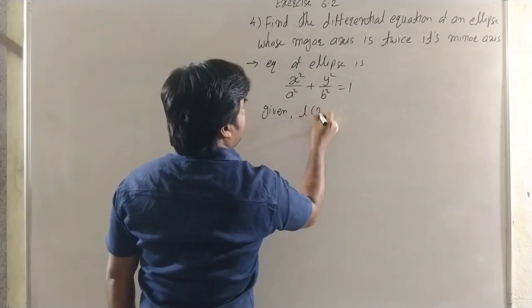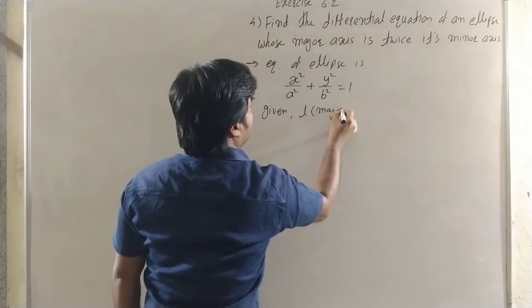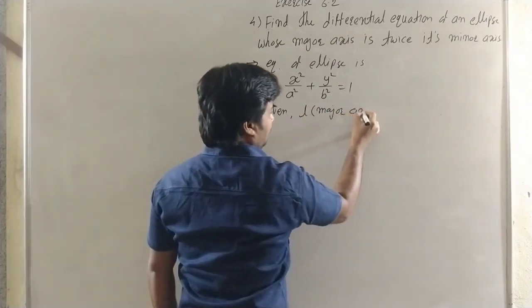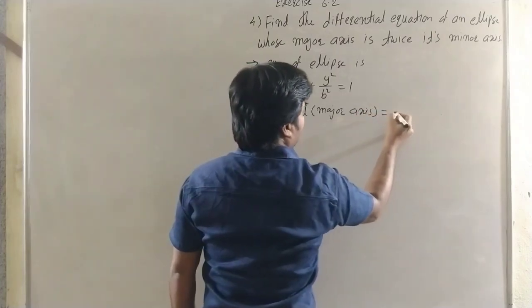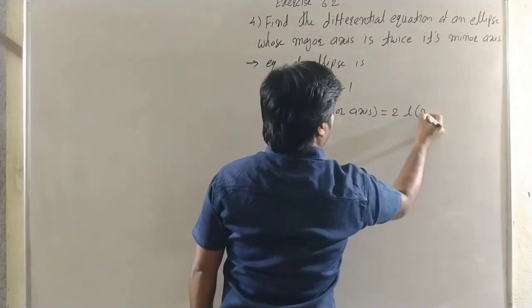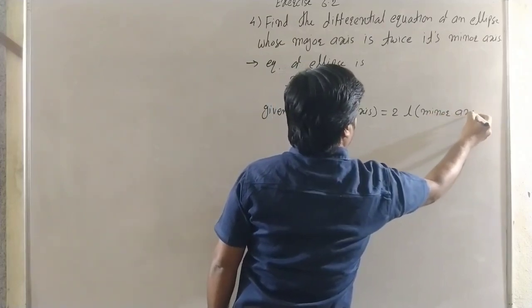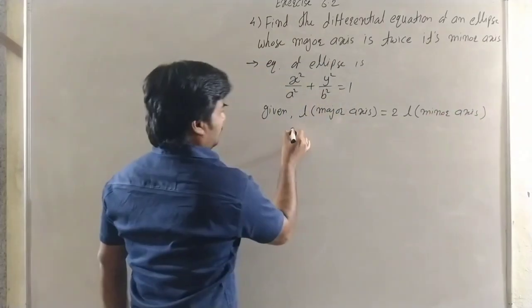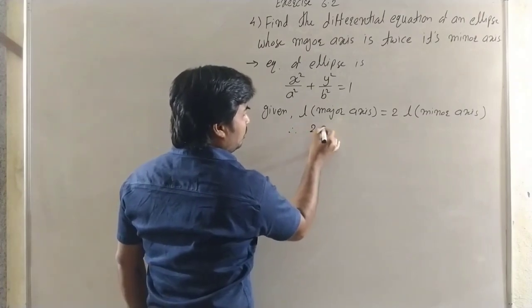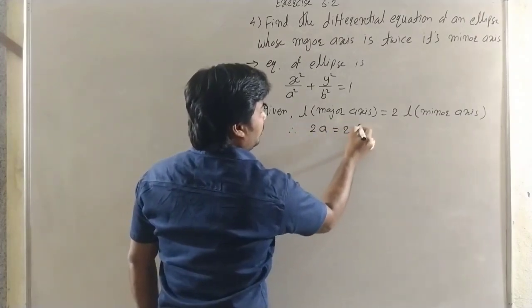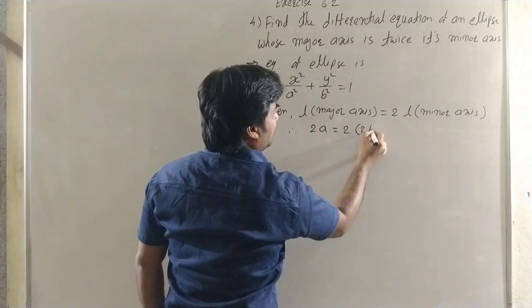Here given that the length of major axis is twice the length of minor axis. Okay, therefore we can write length of major axis, it is 2a, and 2 into length of minor axis, it is 2b.